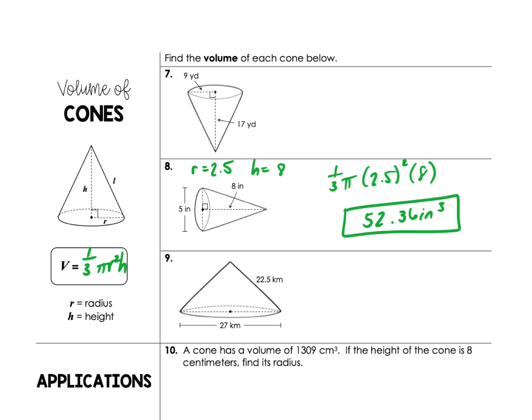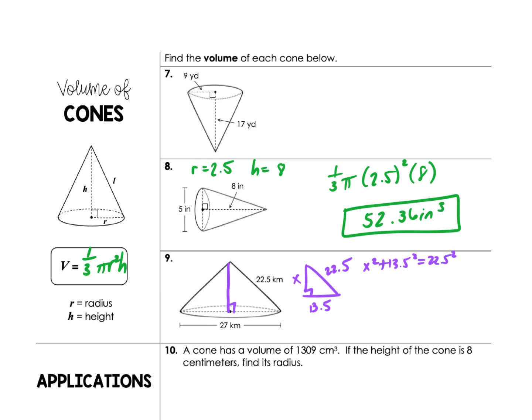All right, so number 9. We're going to divide the height. Got to find the height. So my triangle is 22.5 as my hypotenuse, 13.5 as my base. So I have x squared plus 13.5 squared equals 22.5 squared.